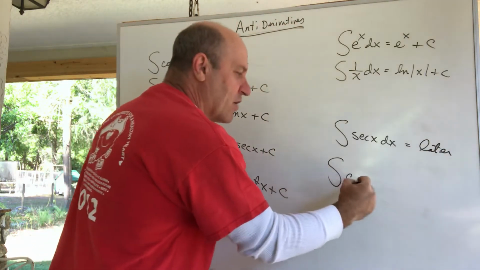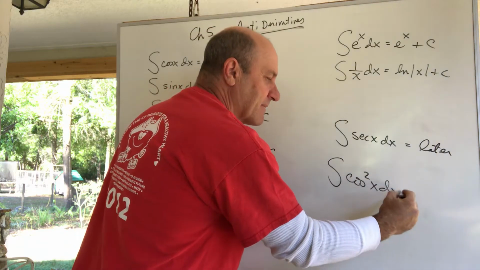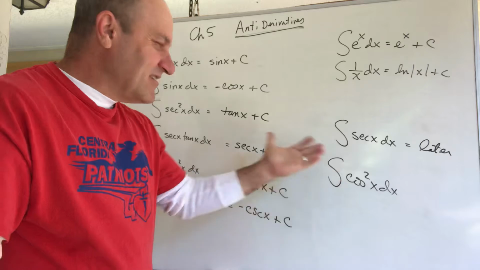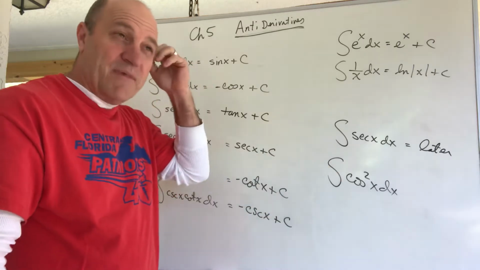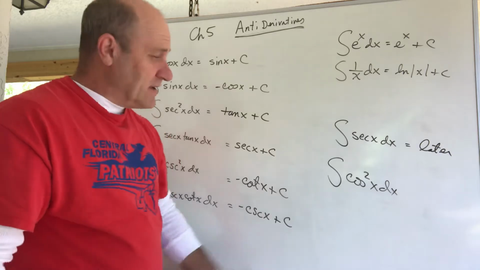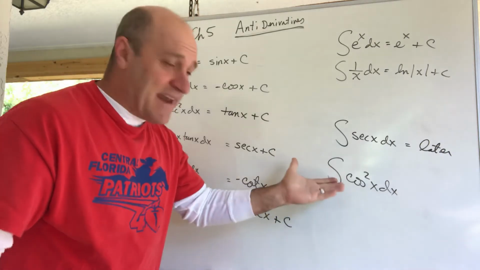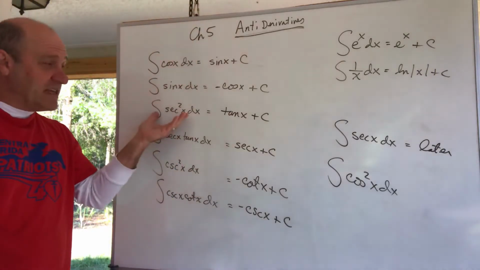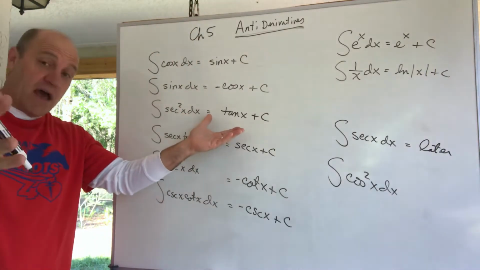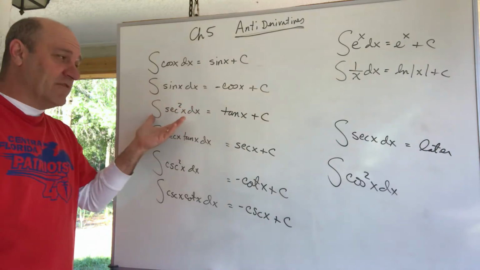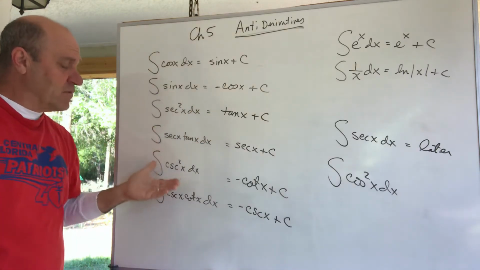What about something like cosine squared? The power rule doesn't really work on it. Cosine squared was not a famous derivative of anybody, so this is not an antiderivative I can just shout out. I can do secant squared. It's tangent, because the derivative of tangent was secant squared. So I can do these famous ones.